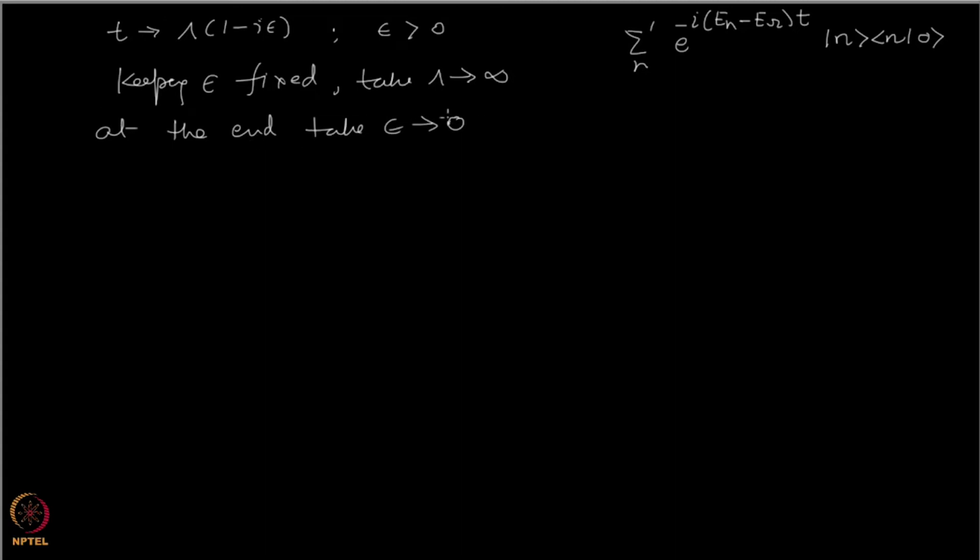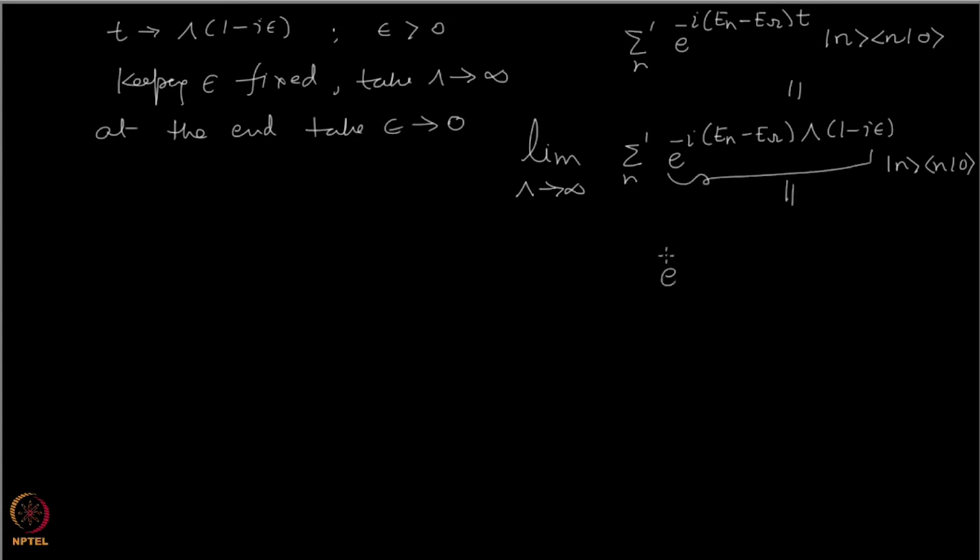So if I do this, let's see what happens. Then this thing becomes the following. T I should replace by capital lambda times (1 minus i epsilon), and then you have these objects anyway. Now let's take the first limit, lambda going to infinity. Look at this exponential: this is e to the minus i (E_n minus E_omega), and I'm just opening up the factors of lambda.